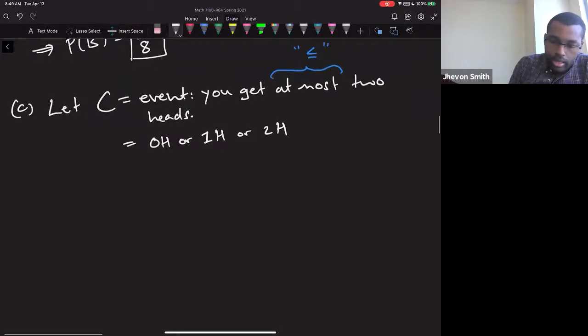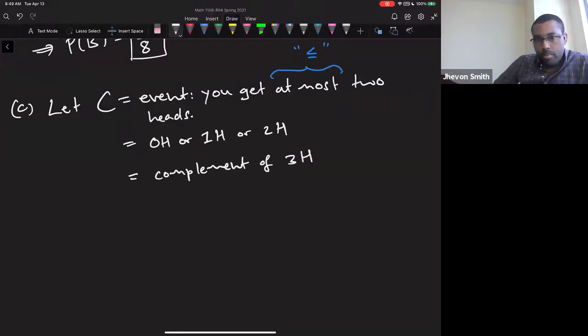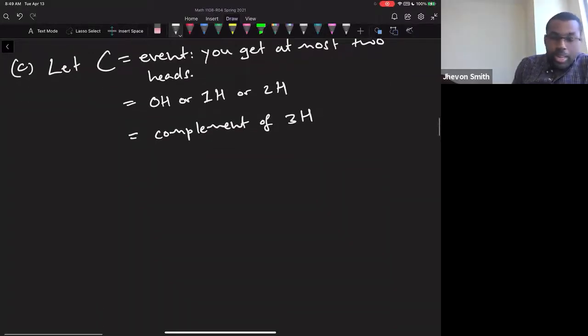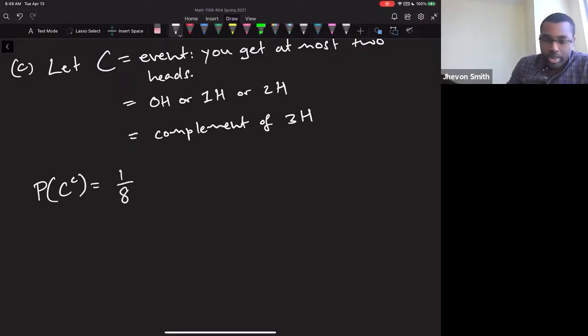Notice that this is the complement of 3 heads. Okay, so it would be nice to just find the probability of C complement, which would be 1 out of 8 because there's only one way to get 3 heads.